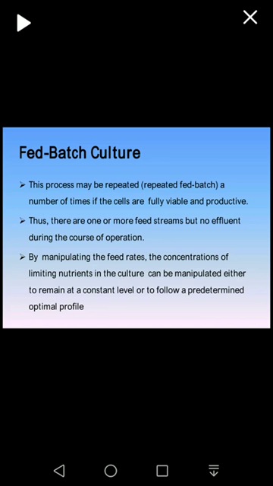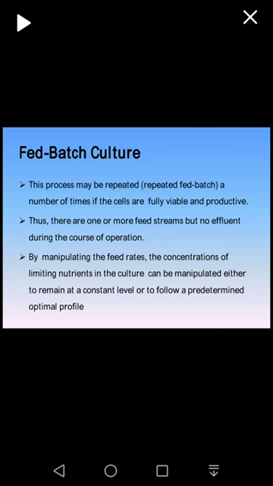By manipulating the feed rates, the concentration of the limiting nutrients in the culture can be manipulated either to remain at a constant level or to follow a predetermined optimal profile. So it means that when you are adding the media, you can assess the production as well at the end of the run, and at what stages you are adding the media, like after a couple of hours or after 6 hours.